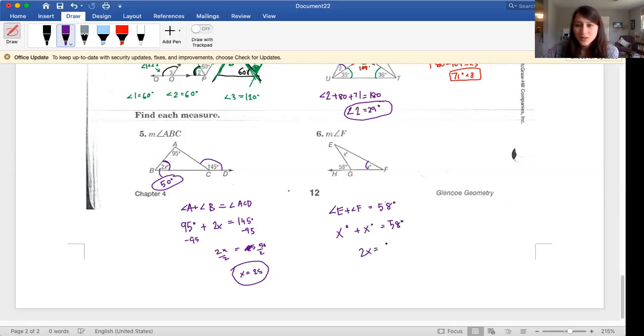So I'm going to simplify that, 2x. Now divide by 2 on both sides. So my answer is 29. And so angle F is 29 degrees. 29 degrees. And that's it.